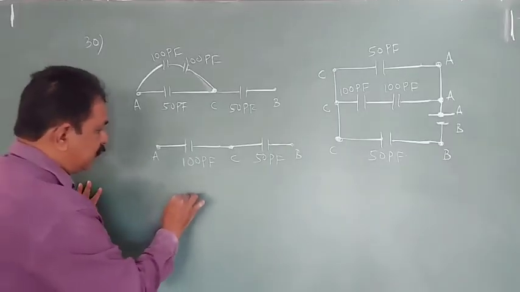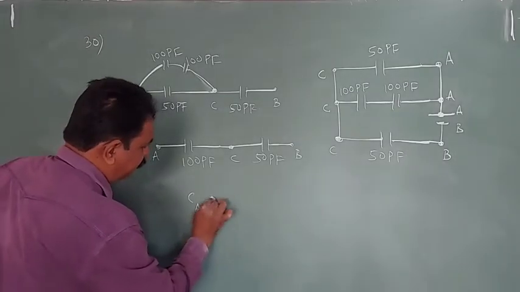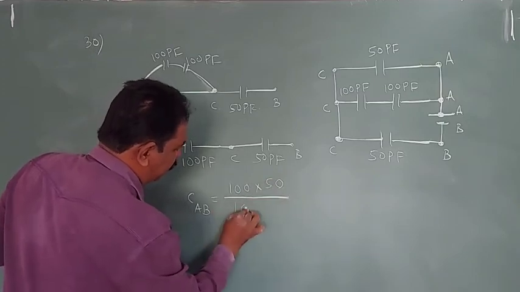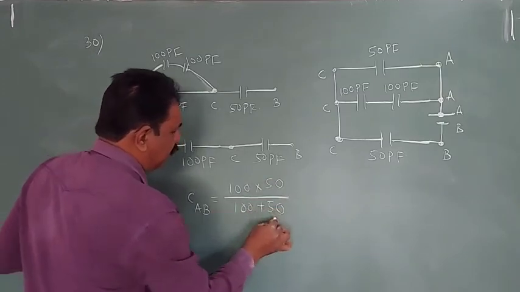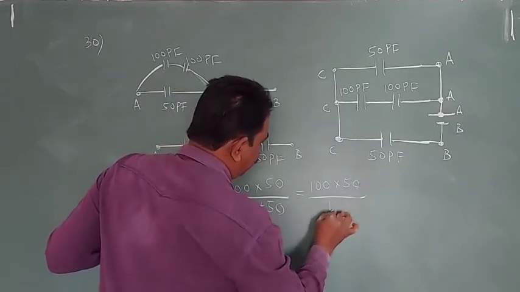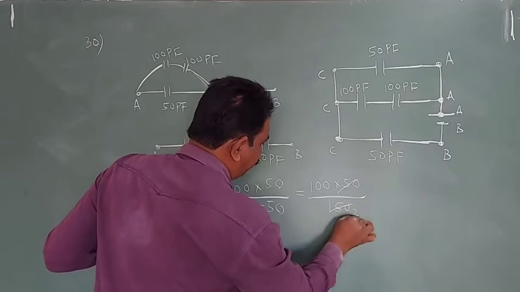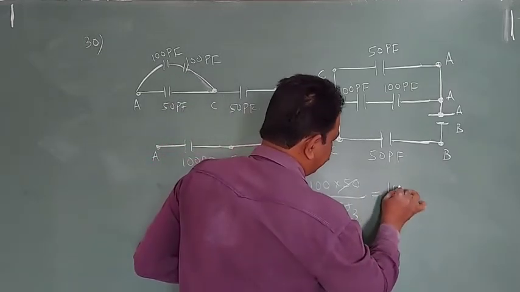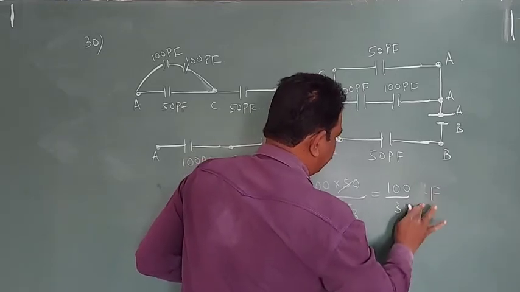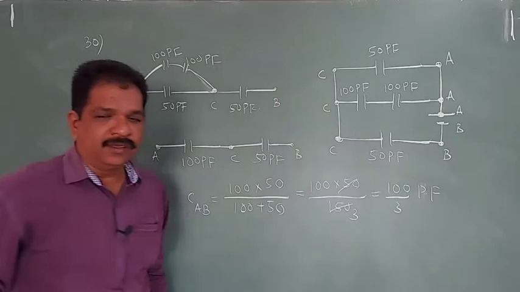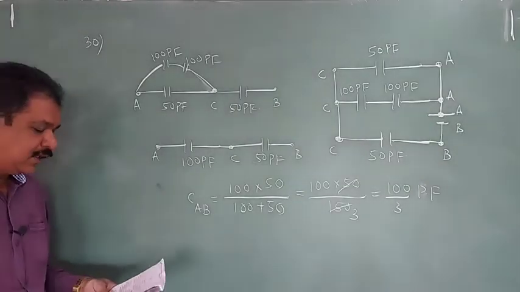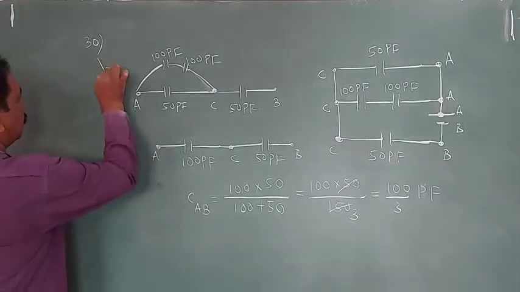C_AB is equal to C1 C2 by C1 plus C2. So 100 into 50 by 150, 50 times 3 will cancel. This value is equal to 100 by 3 picofarad. So option for that will be the second option.